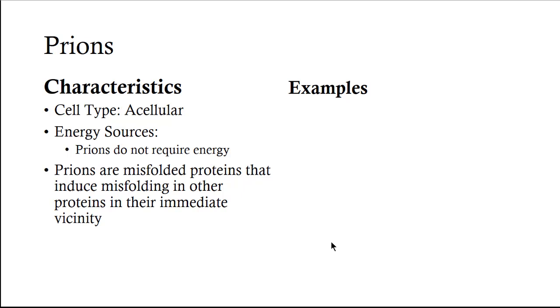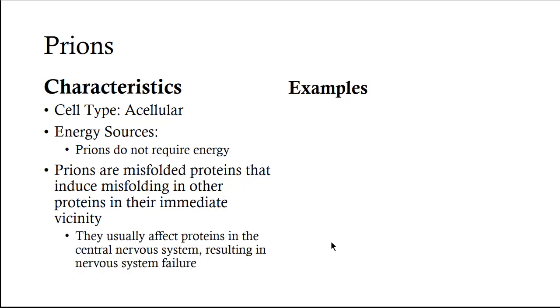Prions are essentially proteins that cause misfolding in other proteins, and as a result, can lead to disease. What happens is the proteins associate with the central nervous system, and so if you're exposed to these infectious proteins, these prions, if you get them into your central nervous system, like your brain and spinal cord tissue, they can then start to affect other normal proteins in that area and cause those proteins to start to misfold.